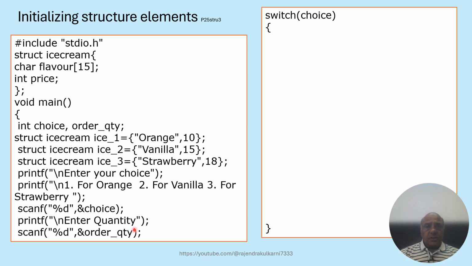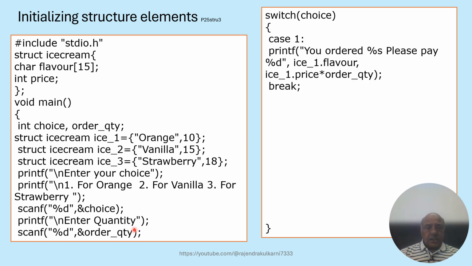Then we have given a switch statement, switch choice. In case 1, if the user enters 1, we have given a printf statement, you ordered %s, which will tell us what case 1 corresponds to, which in our case will be orange.